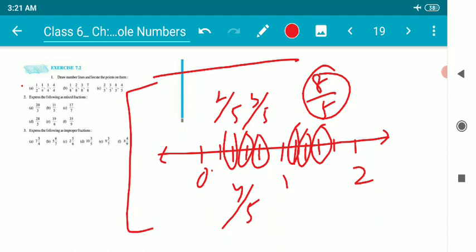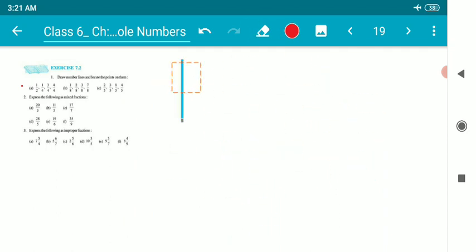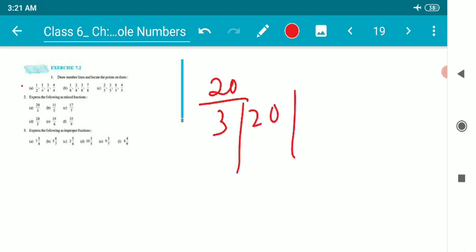Next are numbers to be expressed as mixed fractions. Suppose the number is 20 by 3, which is an improper fraction. We know that improper fractions can be converted into mixed fractions. Just go for a division. 3 sixes are 18, so here I got remainder 2.